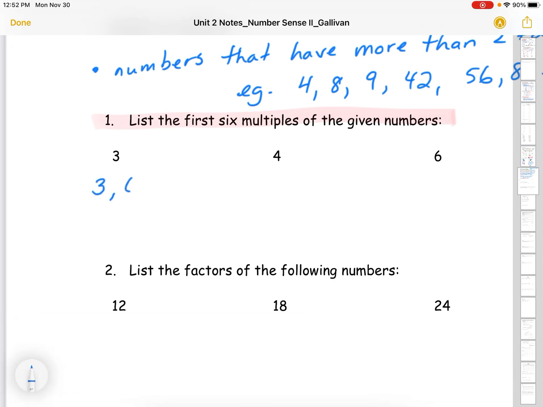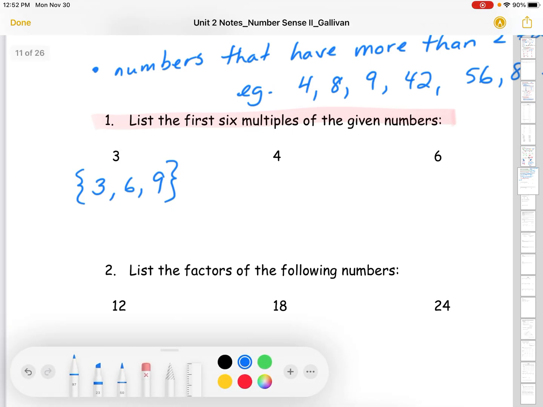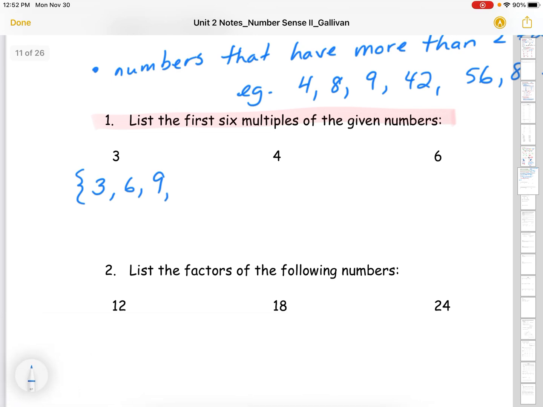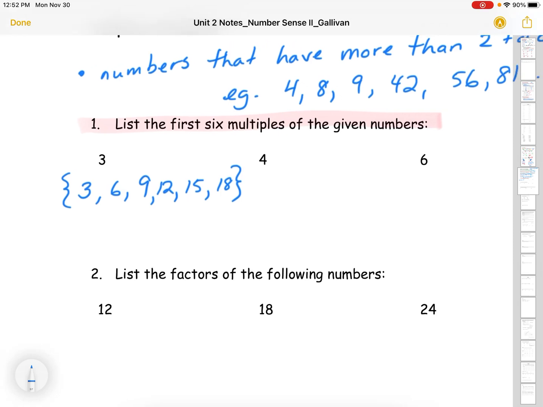That's the first. Then 3 times 2 is 6. Then 3 times 3 is 9. Okay? So that's the first 3. Then 3 times 4 is 12, 3 times 5 is 15, and 3 times 6 is 18. Sorry about that. I misread that. I think I had 3 on the brain.